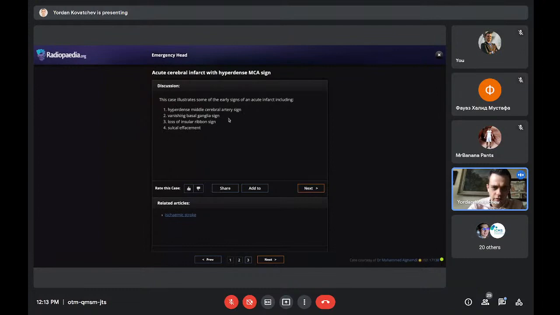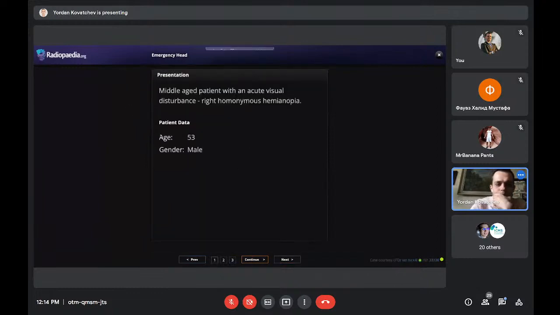Hyperdense MCA, as I said, vanishing basal ganglia. This is, again, loss of gray-white matter differentiation, but in the basal ganglia specifically, and the loss of the insular ribbon sign. These four. They will remain in this link. Don't worry, you don't have to take notes, but you can come back to that and review them, because I promise you, if you remember this, you'll feel more confident when you look at head CTs in the emergency setting.